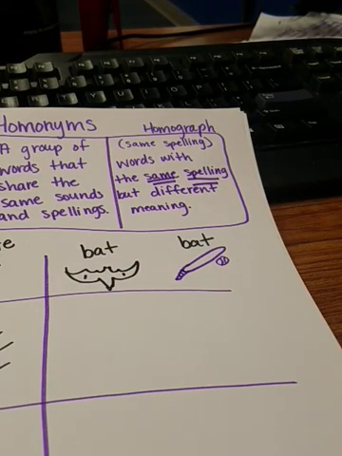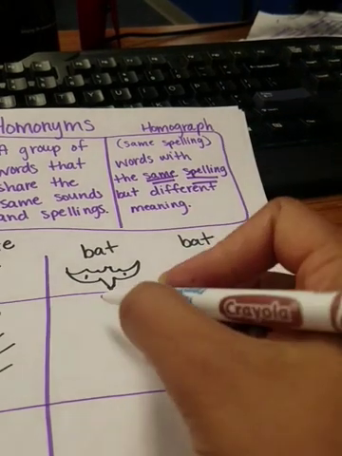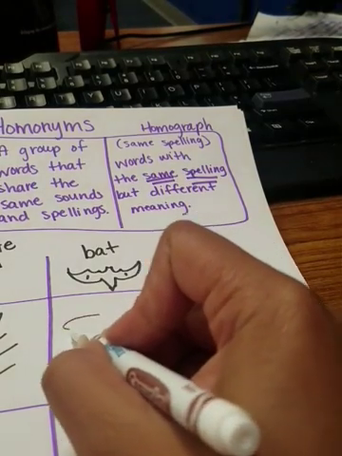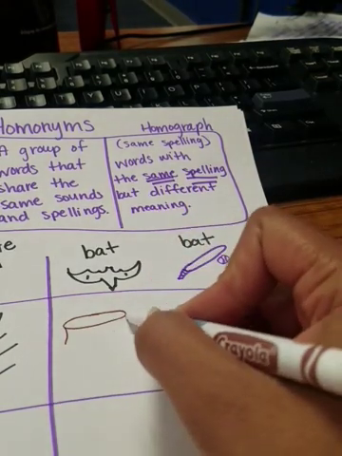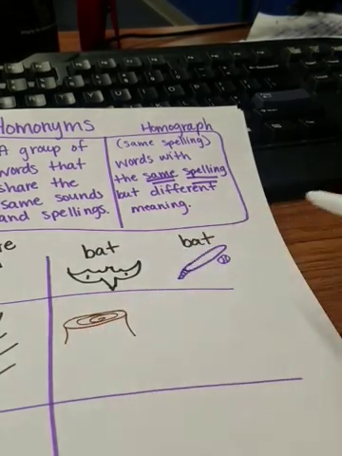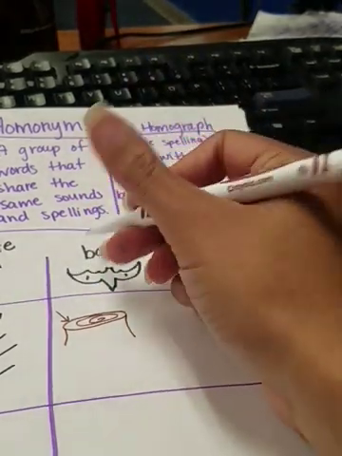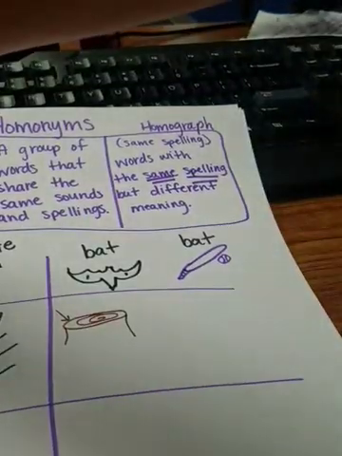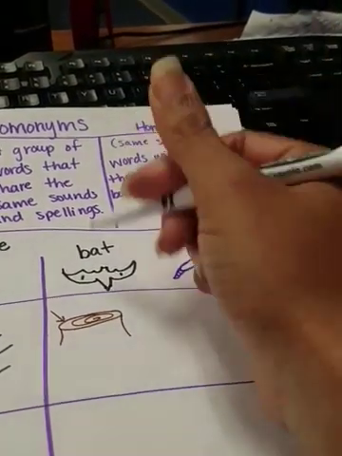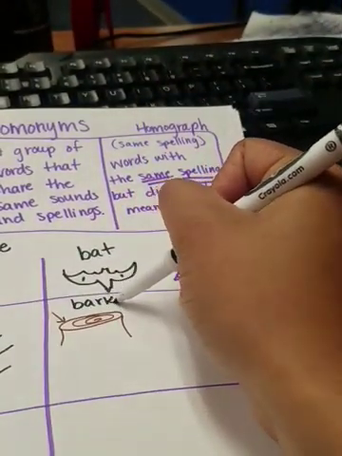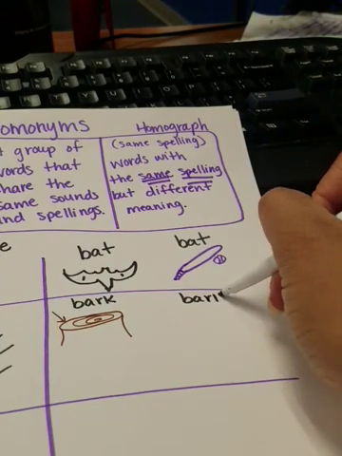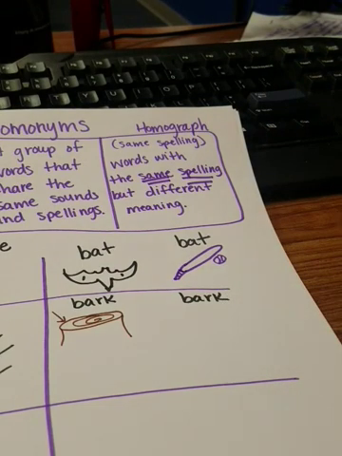Let's do one more example of a homograph. Words that have the same spelling but different meaning. Let's say if we do bark and bark, something like that. So bark and bark, maybe a tree stump. Okay, so there's my tree stump. So it's bark, and I'll just draw a little picture there. And here's the word bark. And then we've got the word bark. And we know that when dogs speak, they bark.